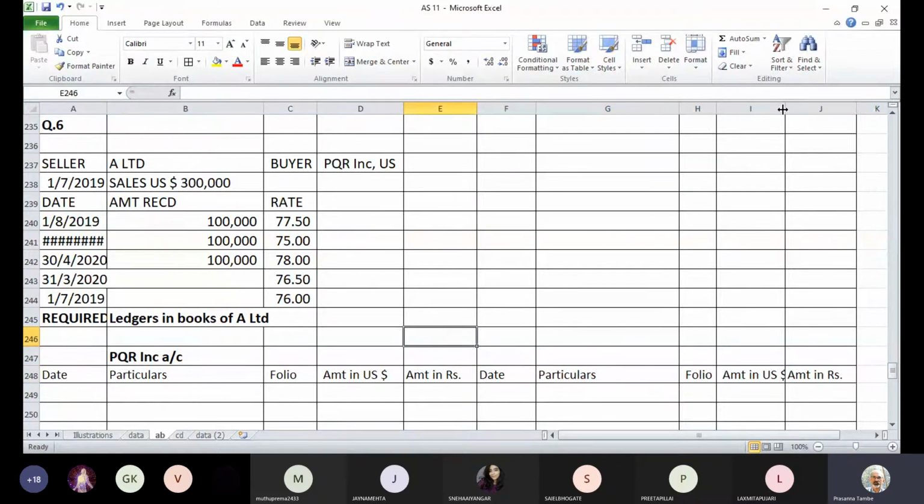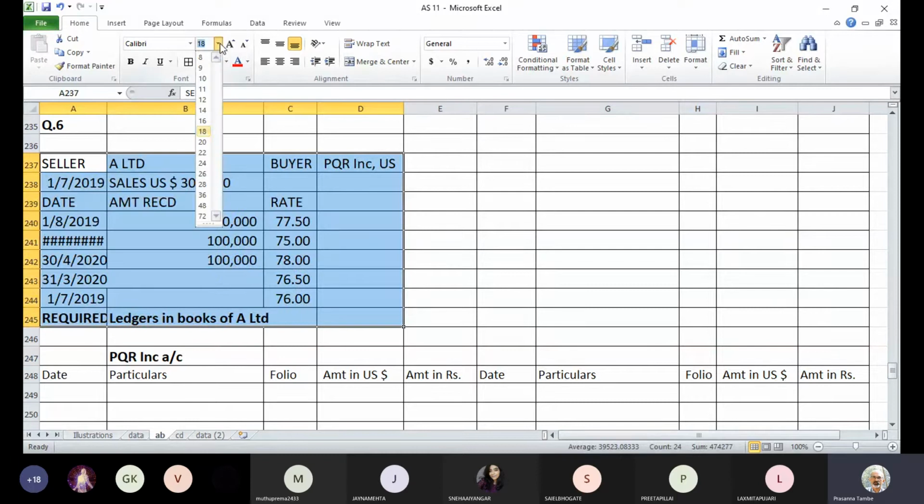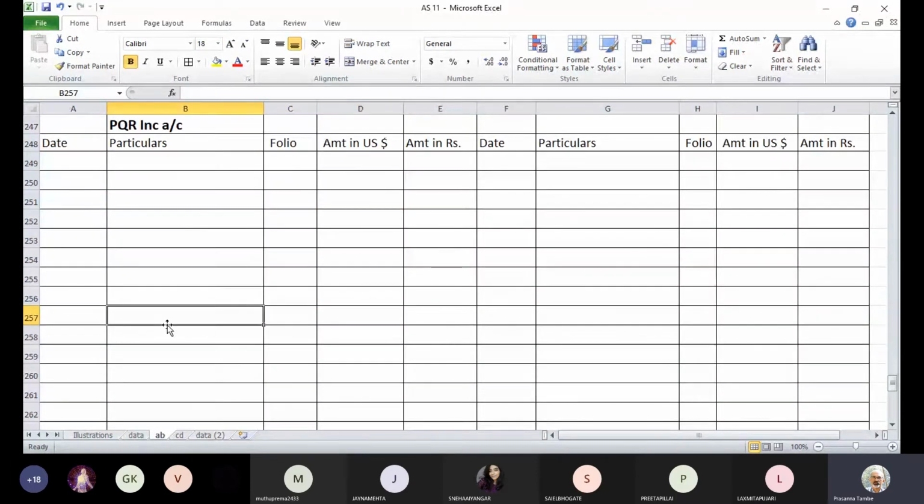And we will need one more account, that is foreign exchange fluctuation account. So let's do that also. Foreign exchange fluctuation account. Usual columns, except that the column for foreign currency will not be applicable.